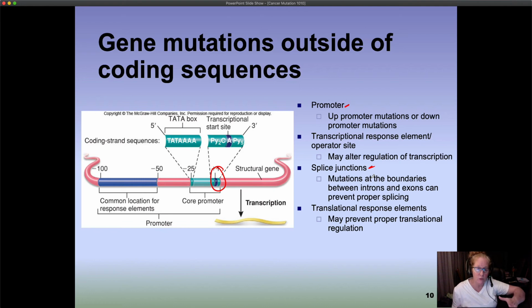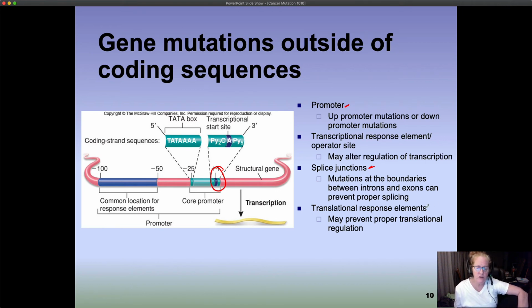They will not bind to it properly, and what should have been processed out of the pre-mRNA during RNA processing will remain behind. So either we have a mutation that results in a splice site not being recognized, or you could also have a mutation that results in a splice site where it shouldn't be.